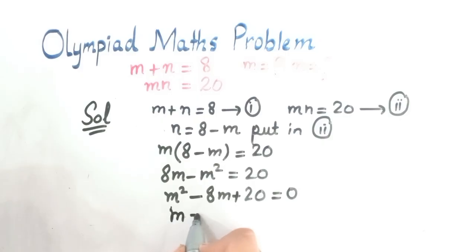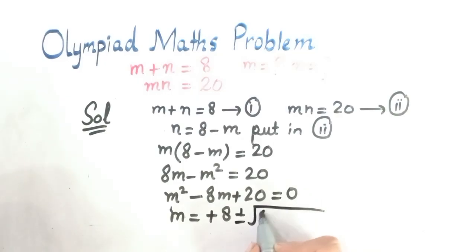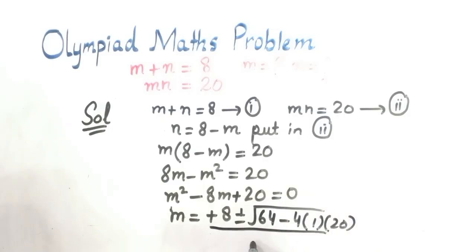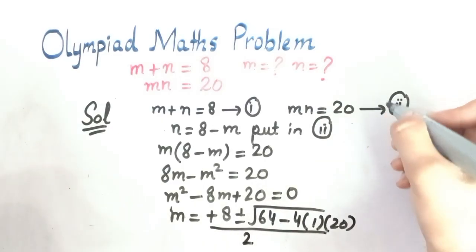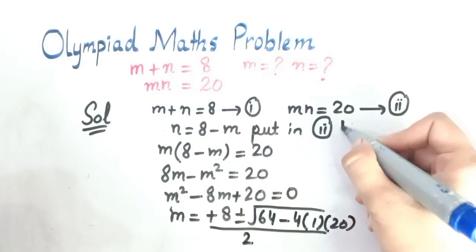So m equals minus b, which means minus of minus 8, plus minus the square root of b square, which means 64, minus 4ac, where a is 1 and c is 20, divided by 2. So what will we get?